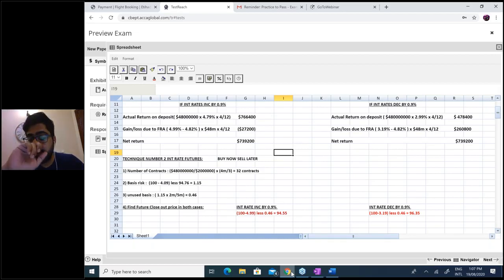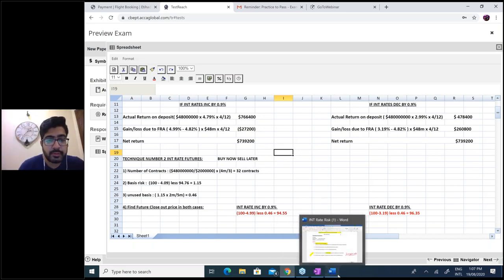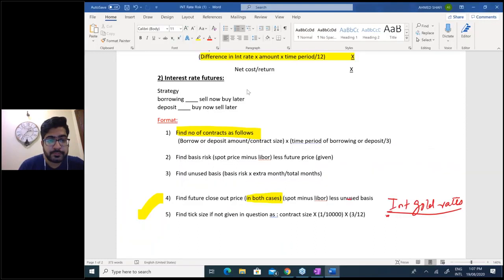We calculated that in step 3. So it's spot minus LIBOR less 0.46.